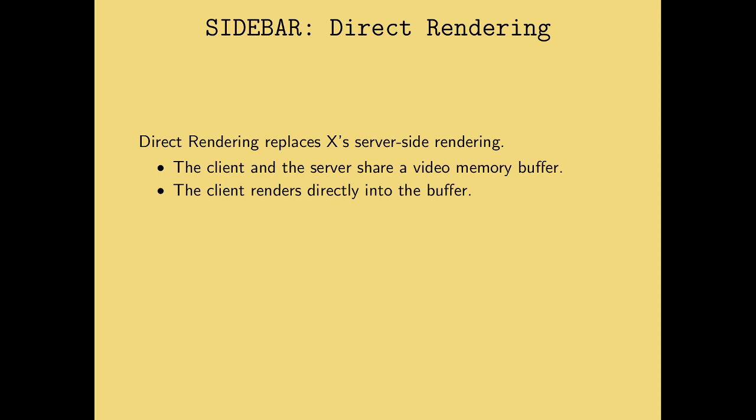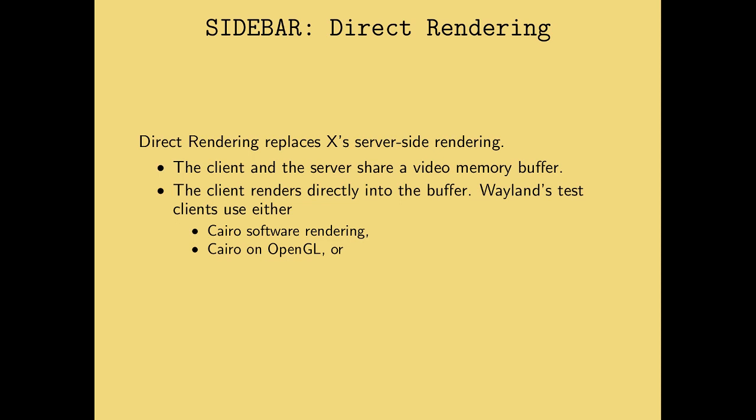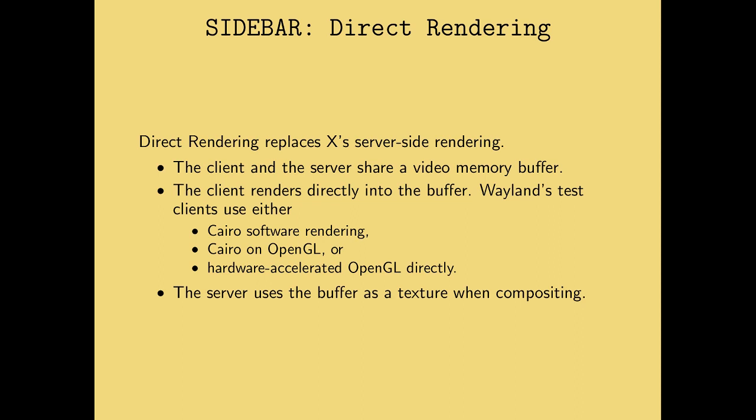It can do this a couple of different ways, and Wayland's test clients use 3 different ones. They render via software and Cairo, a graphics library. They use Cairo on top of OpenGL, or they just use hardware-accelerated OpenGL directly, and the server then uses the buffer as a texture when compositing.